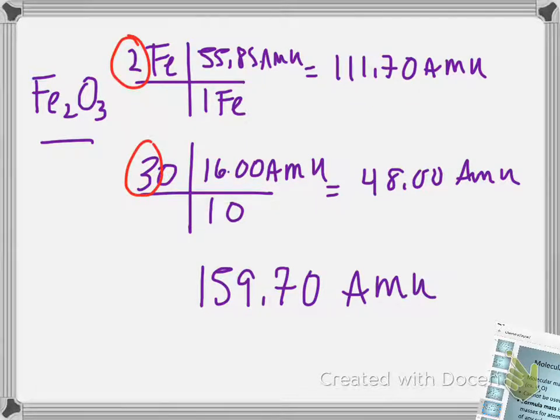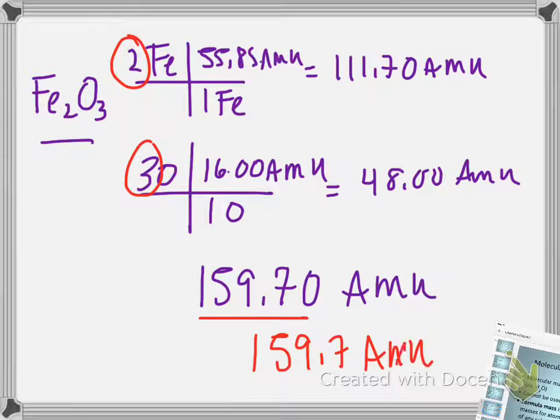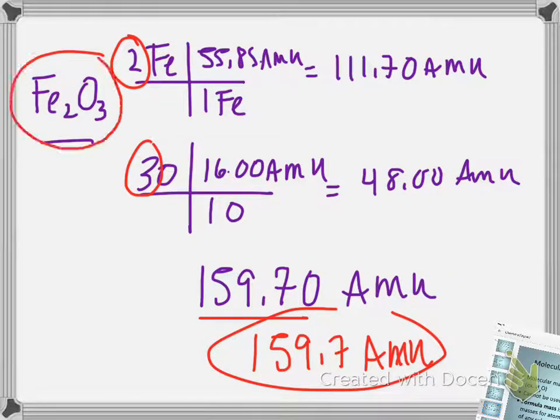So we have 4 sig figs to work with, so our final answer will be 159.7 AMUs. Okay, you can do this. It's not hard, and you'll start to build shortcuts as you go.